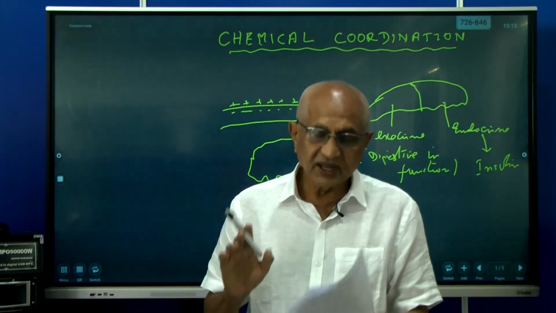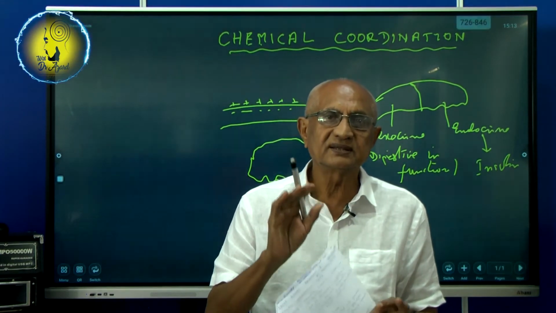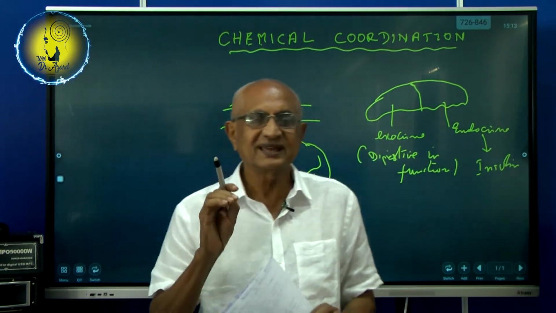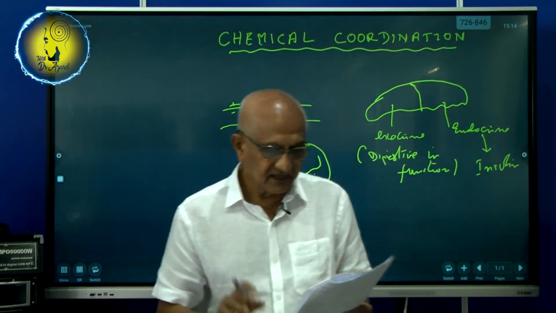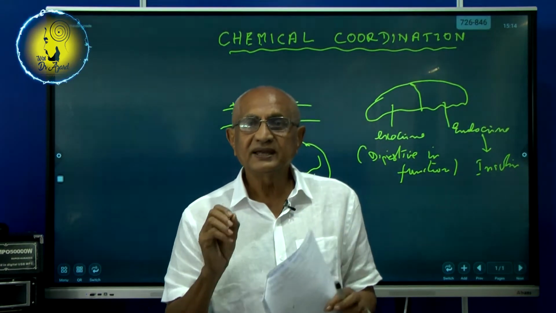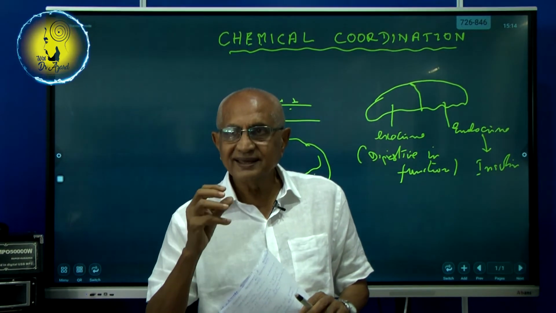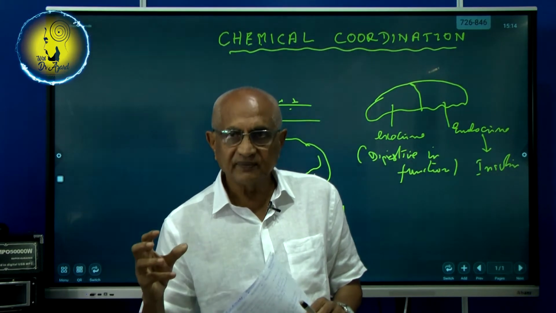For example, follicle stimulating hormone. We say FSH. What is FSH? Follicle stimulating hormone. What are follicles? Follicles develop inside the ovary and become the ovum.